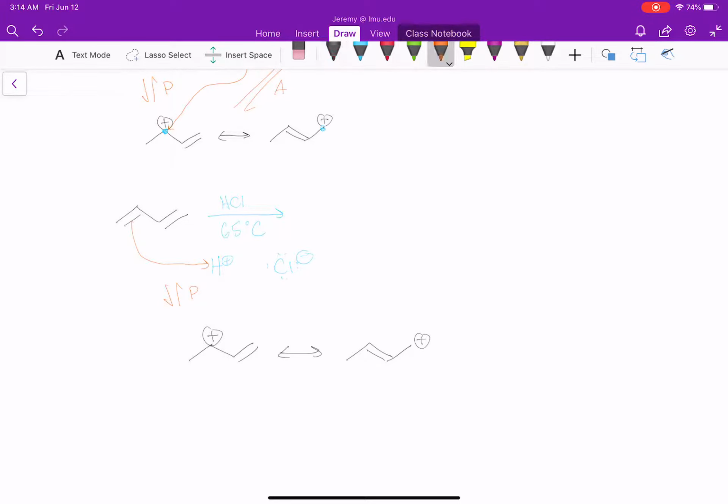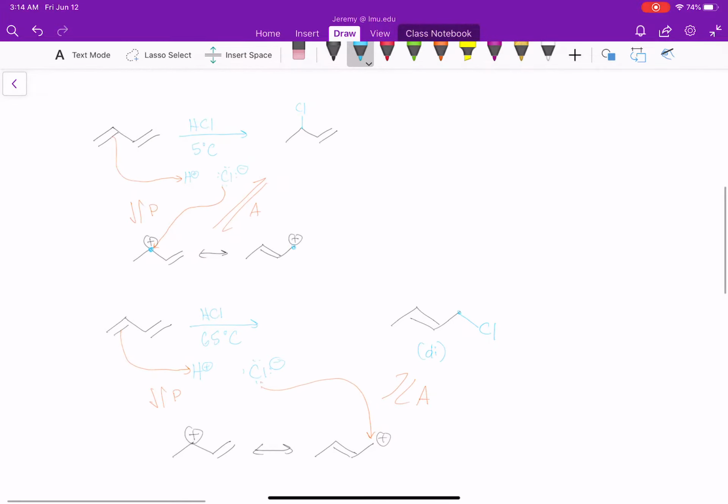Here, the chlorine will attack the other structure, right? Don't forget you have to add the chlorine to carbon 4, and that will be the major product formed because this is now a di-substituted alkene as opposed to a monosubstituted alkene.